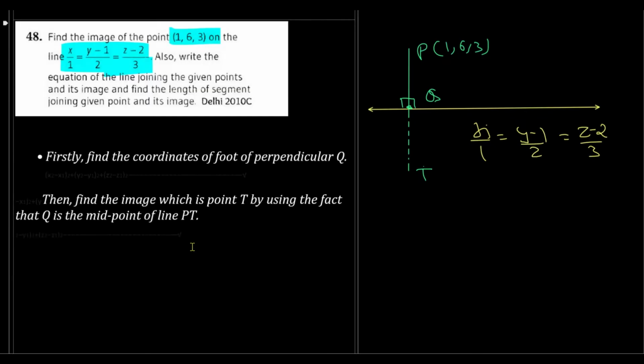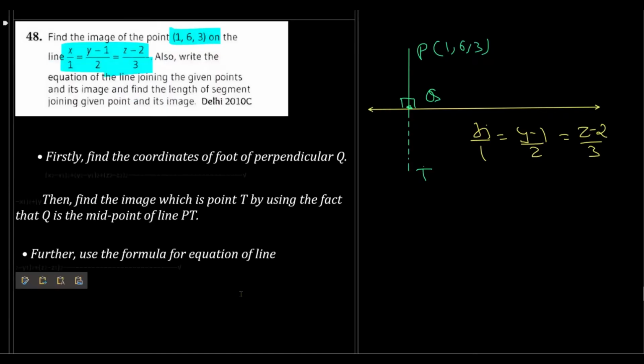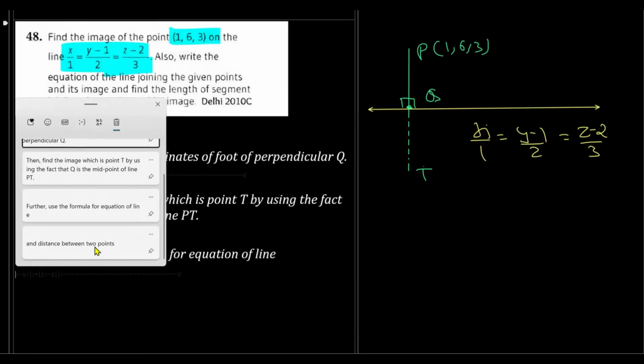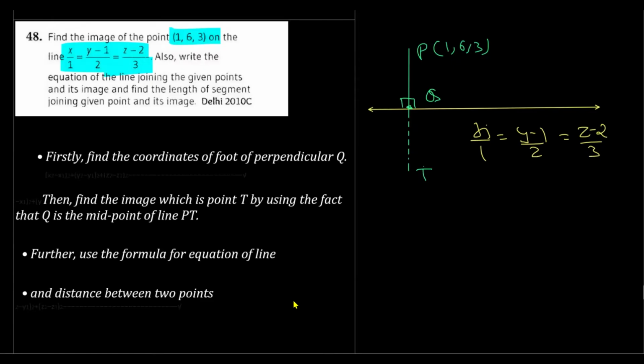The third step is using the equation of the line as well as the distance formula. And the final step will be finding the distance between the points. So I have split this into 4 different steps. Let's begin with the first.